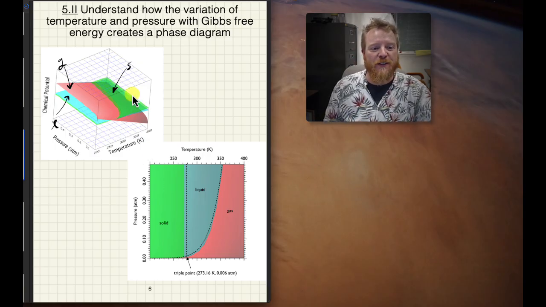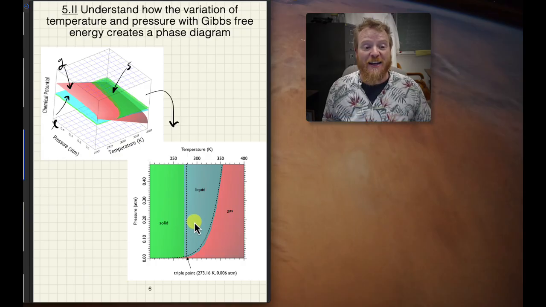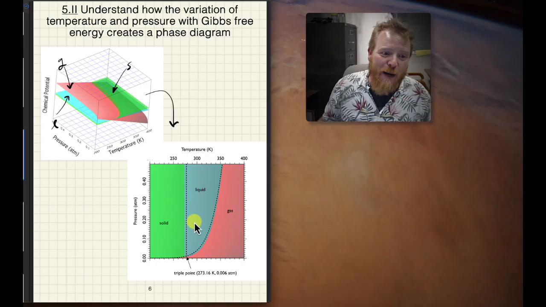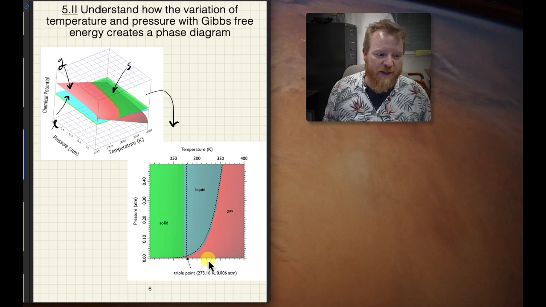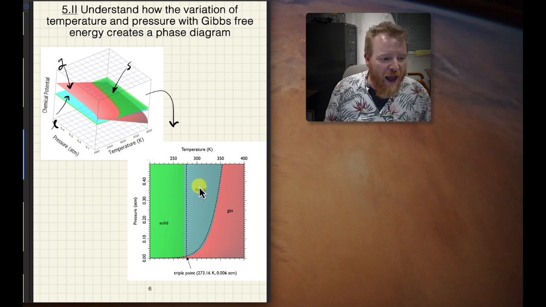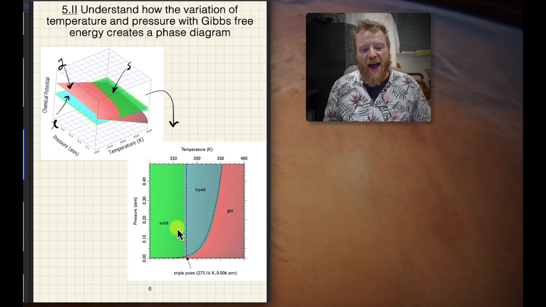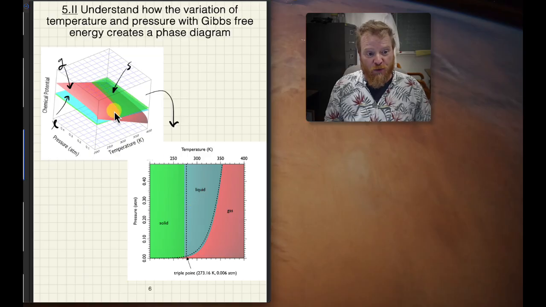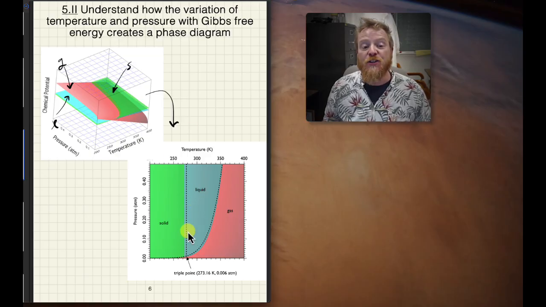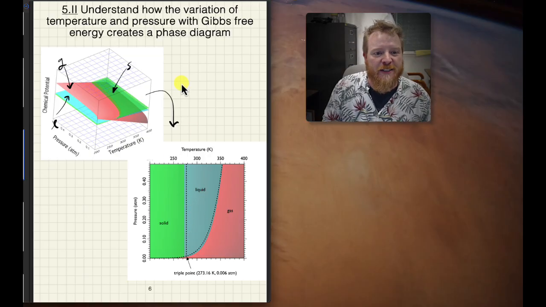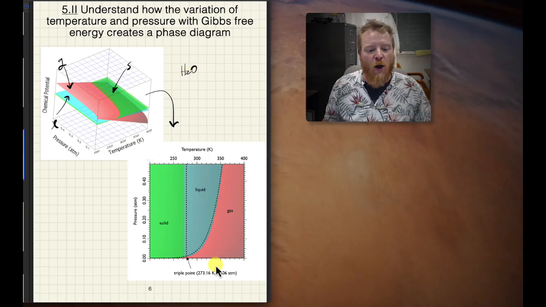So to go from this three-dimensional graph to what we more traditionally see in this phase diagram, we have to flip this thing upside down and look at the minima. And then lo and behold, here we have a rendering of this 3D phase diagram into this 2D phase diagram. And of course, I did this for H2O.